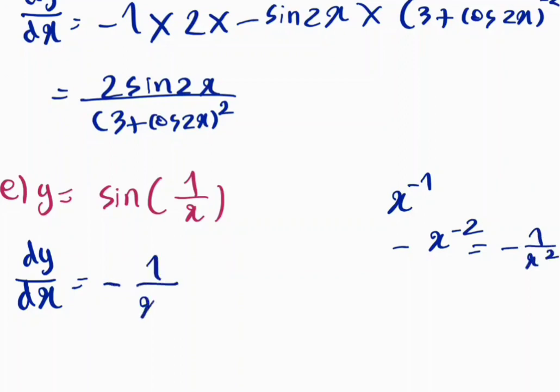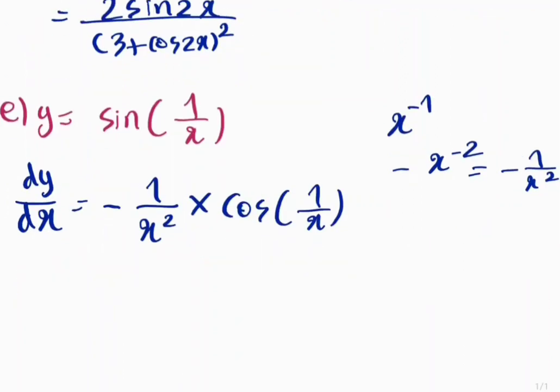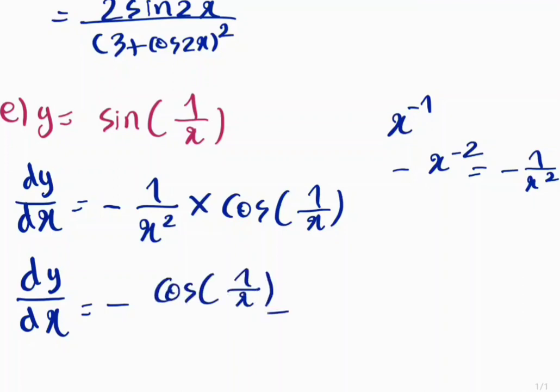Minus 1 over x squared times sine differentiates to cos (1 over x). Now we can simplify this, which is equal to minus cos (1 over x) over x squared.